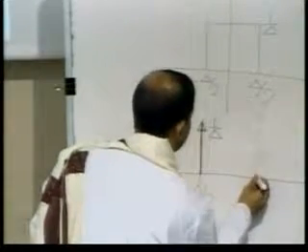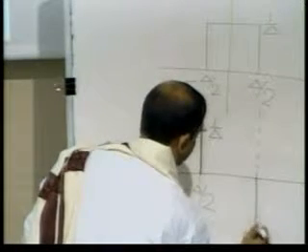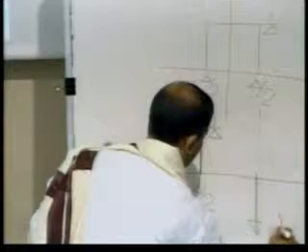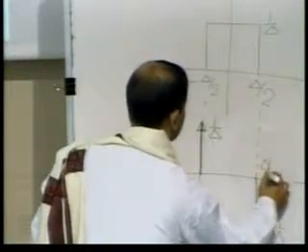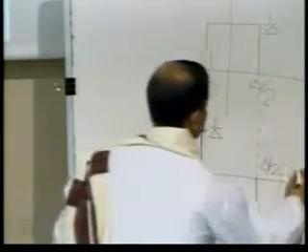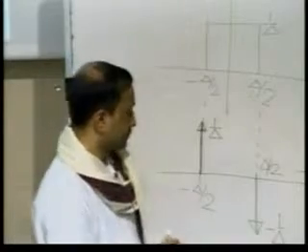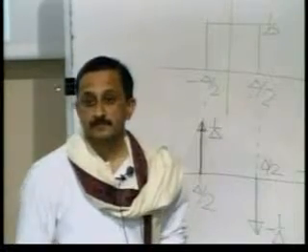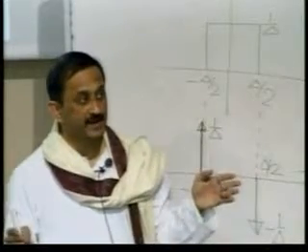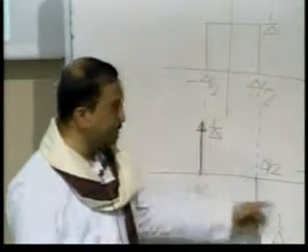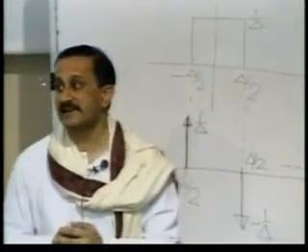So here we have an impulse of strength minus 1 by delta at delta by 2. And now, what is the situation? We have two impulses of strength respectively plus 1 by delta and minus 1 by delta, spaced with a spacing of delta.